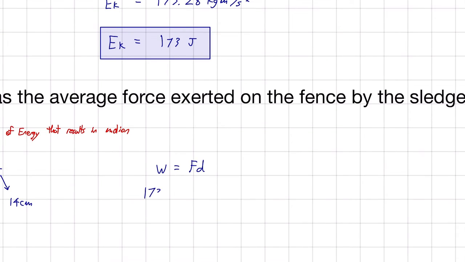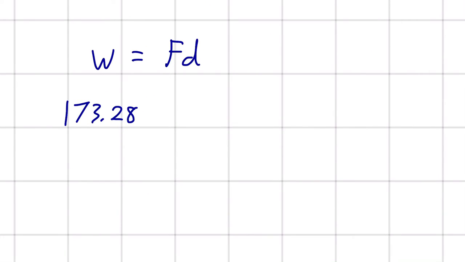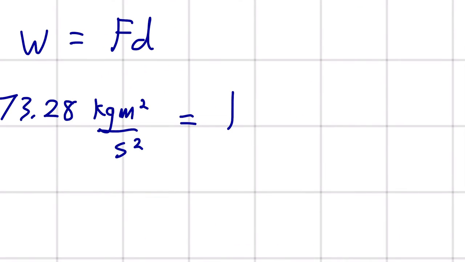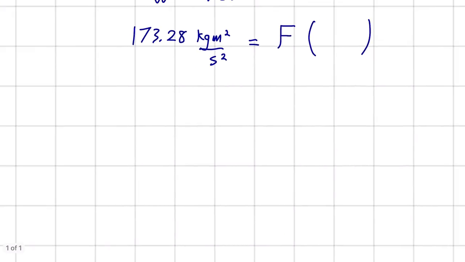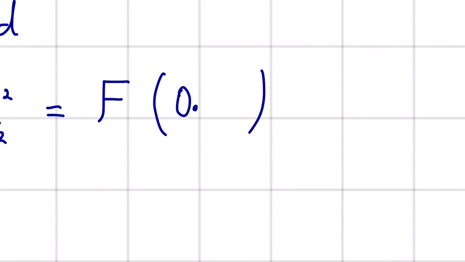So 173.28, and the units, I'm going to write joules, kilogram meters squared per second squared. That is equal to, remember, our force is our unknown, and then our distance is 0.14 meters.